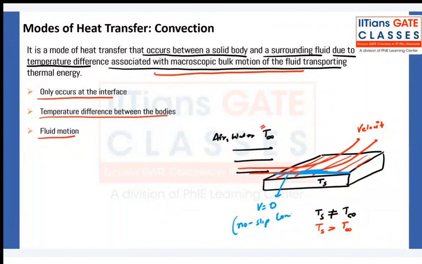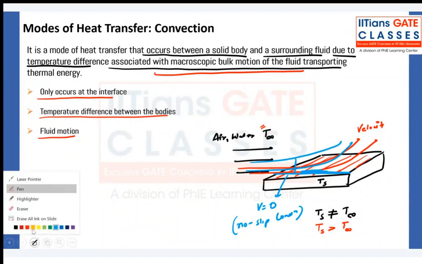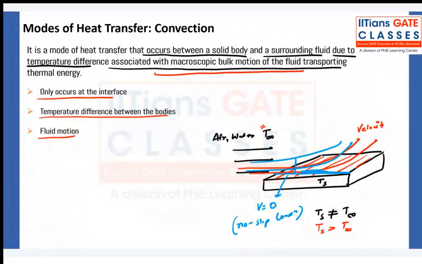Then as you go up, there are separate fluid layers. These fluid layers are transferring heat from this layer to this layer to this layer. So as you go up, the fluid motion is increasing.